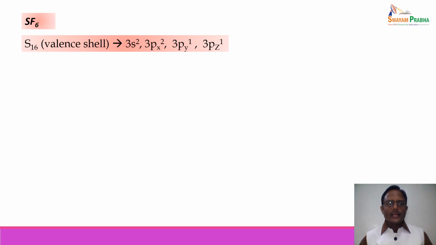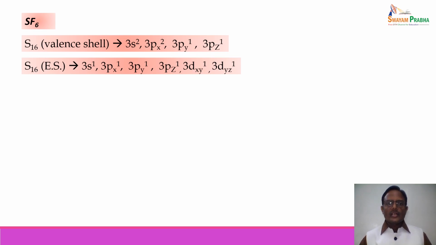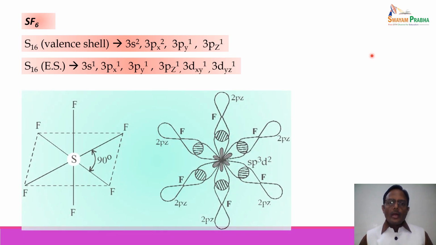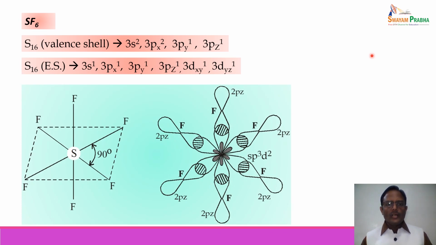The valence shell electronic configuration of sulfur is 3s2, 3px2, 3py1, 3pz1. Now it has to show hexacovalency, and there are only 2 unpaired electrons. So 2 electrons need to be excited from 3s and 3px to 3dxy and 3dyz. So it is double excitation. It is a doubly excited state of sulfur, and the bond formation will take place with 6 hybrid orbitals.